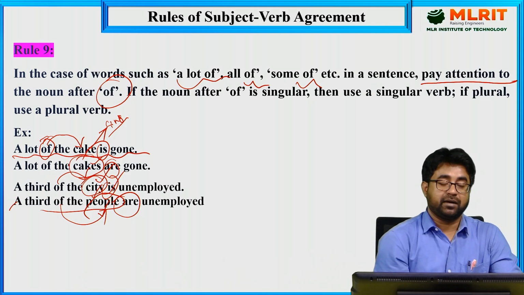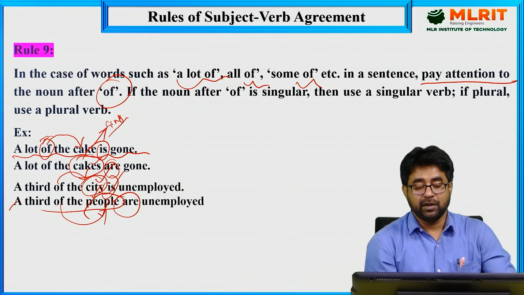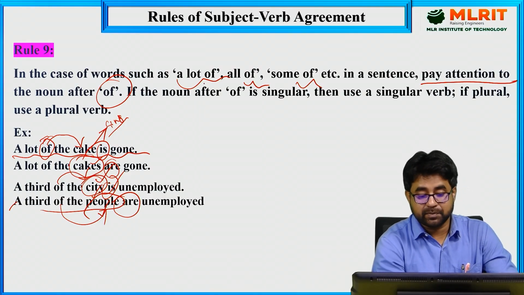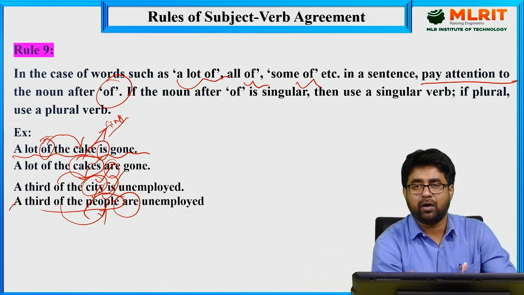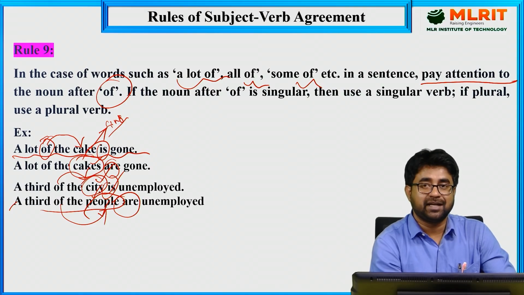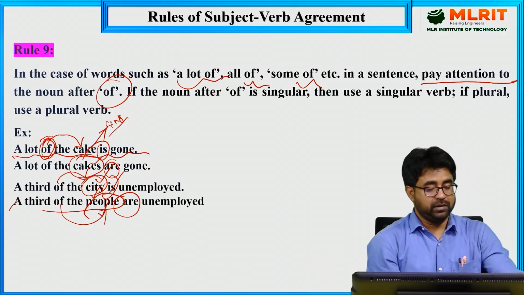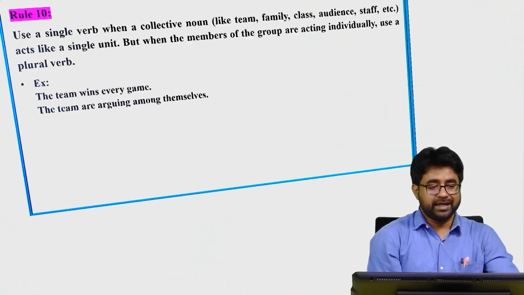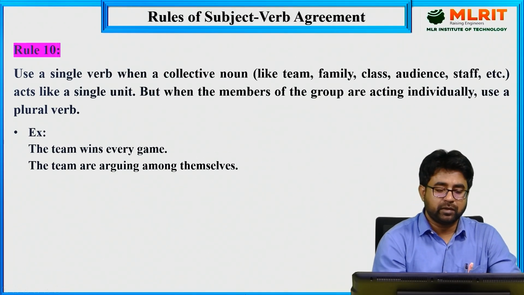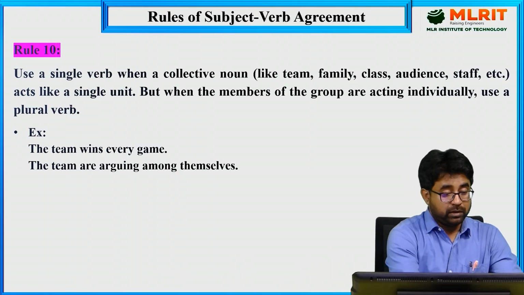That's why are gone. Fine, I hope it's clear. So please remember these expressions, a lot of, all of, some of. In that case, you have to check the noun that is coming just after the word of.